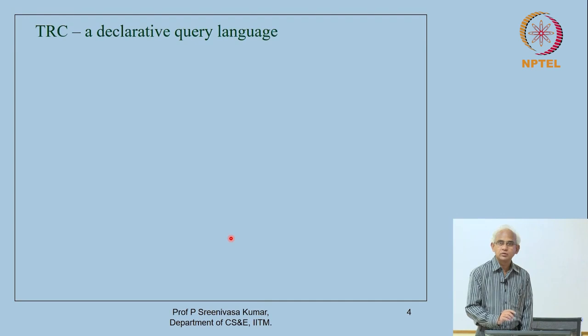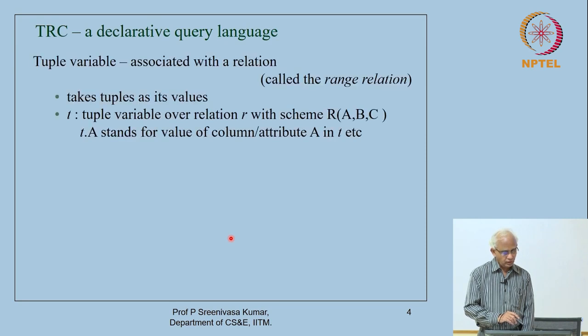Let us now talk about this declarative query language called tuple relational calculus. For the entire bunch of variables together, we will now introduce a kind of big variable, which we will call a tuple variable.